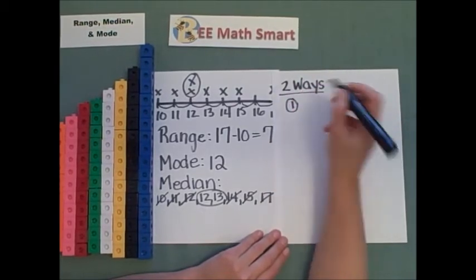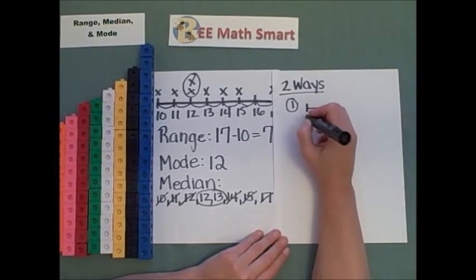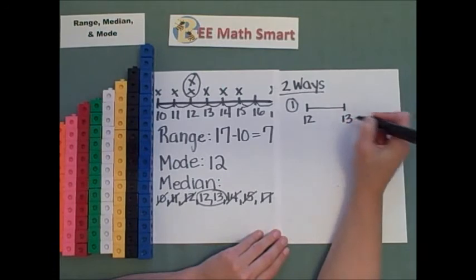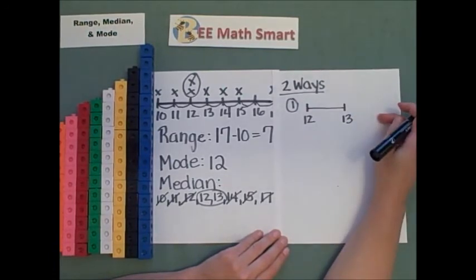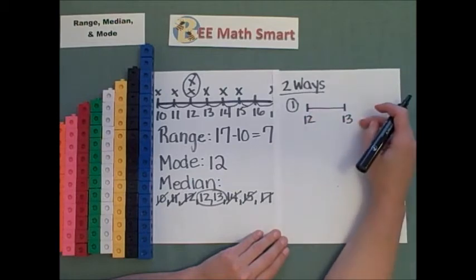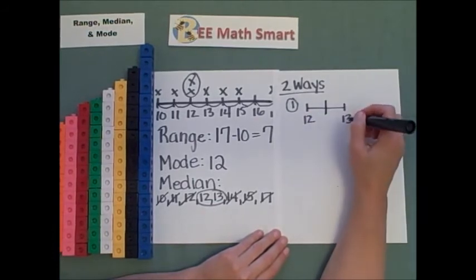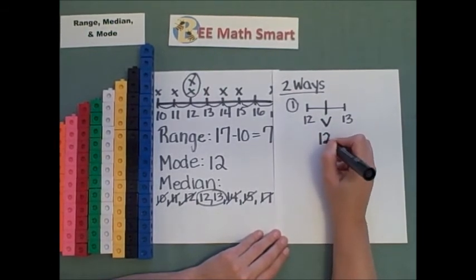Way 1 is to draw yourself a number line and put 12 at the beginning and 13 at the end. If you had more numbers, you wouldn't want a number line as long as the numbers you have. Then you think about what's right in the middle. Well, I know half is in the middle of 12 and 13. So my median then becomes 12 and 1/2.